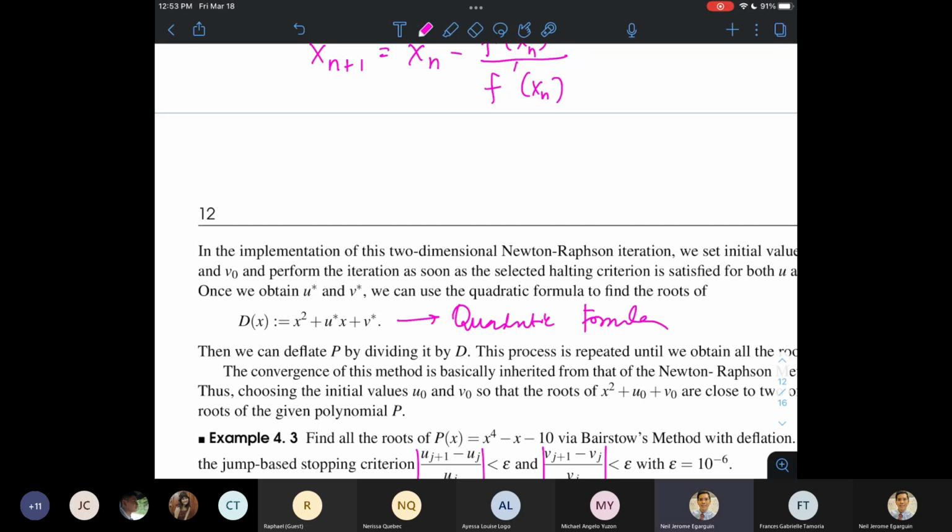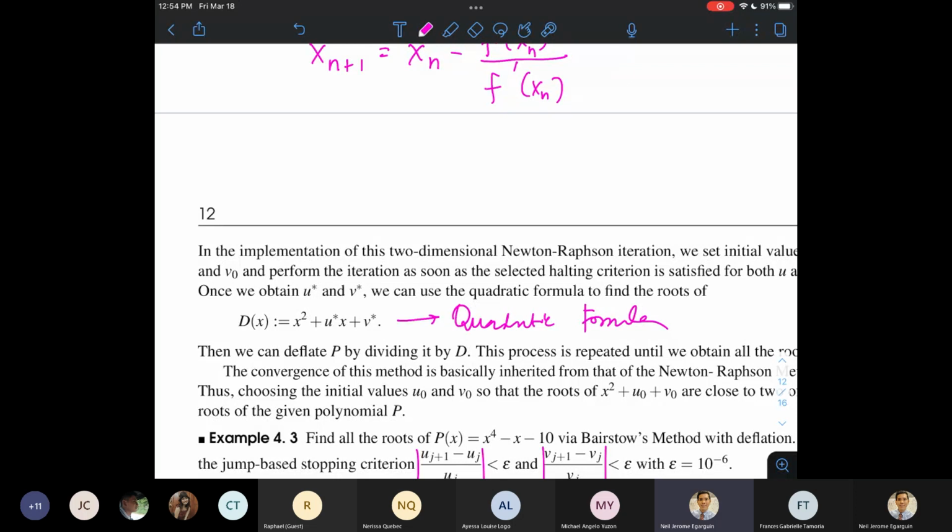Okay? So ang A mo ay 1, ang B mo ay U star, tapos ang C mo ay V star, quadratic formula will give you your first two estimates for the roots. Okay? Tapos yun nga, pwedeng complex yung roots na makuha mo kasi nga quadratic formula yung ginagamit natin.